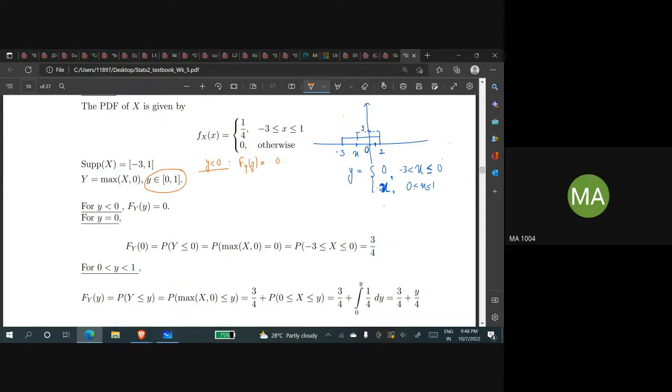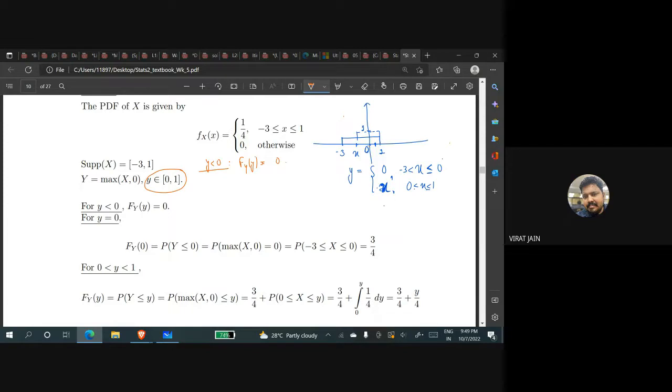Since y equals 0 for x lying between -3 and 0, the maximum it can go to is 1, only when x is equal to 1. So for y less than 0, it is 0.